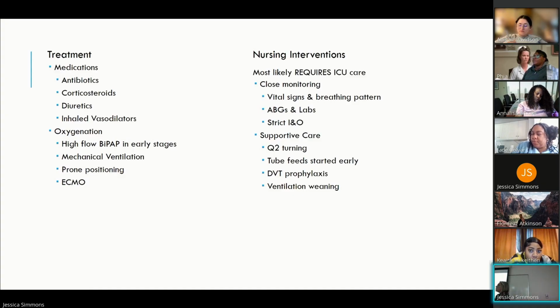And then we can also do ECMO. ECMO is one of the scariest things I have ever seen. I hate it. I do not like taking care of an ECMO patient. I will help my friends, but I do not want to be one-on-one with an ECMO patient. Why? Because they have garden hoses coming out of their necks.